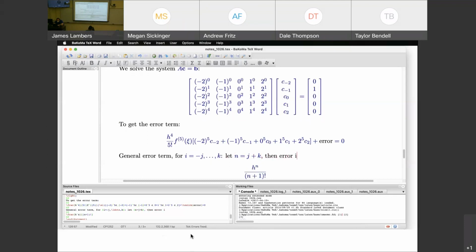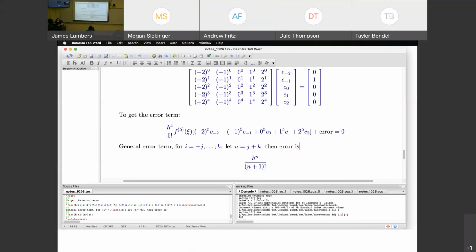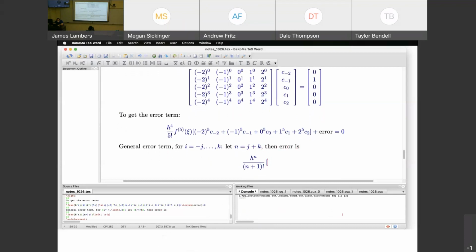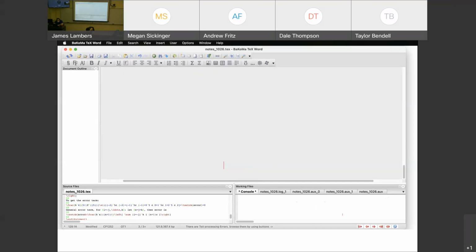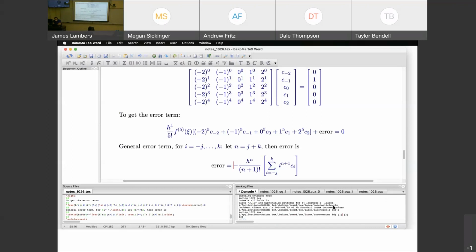So h to the n over n plus 1 factorial times a sum of i raised to the n plus first power times c_i. And then a minus, because this plus the error is equal to 0. All right, so that's how you can work it out in general.